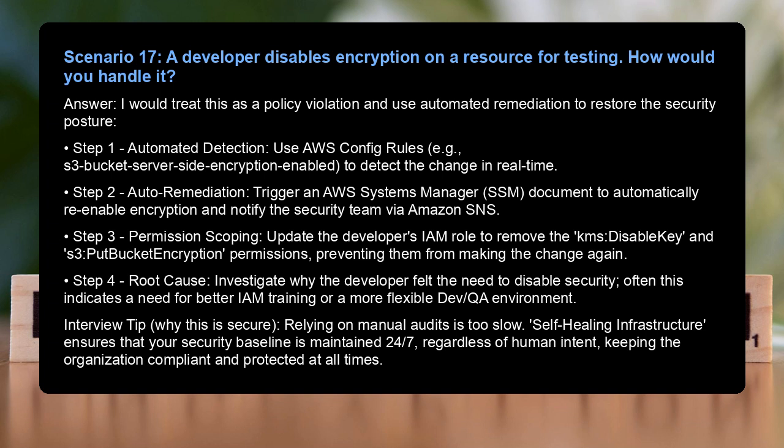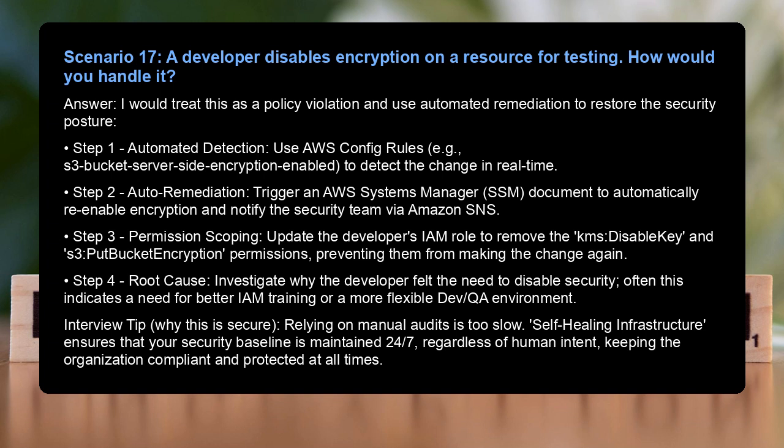Step 1. Automated detection. Use AWS Config rules, for example, S3 bucket server-side encryption enabled, to detect the change in real time. Step 2. Auto remediation. Trigger an AWS Systems Manager, SSM, document to automatically re-enable encryption and notify the security team via Amazon SNS. Step 3.